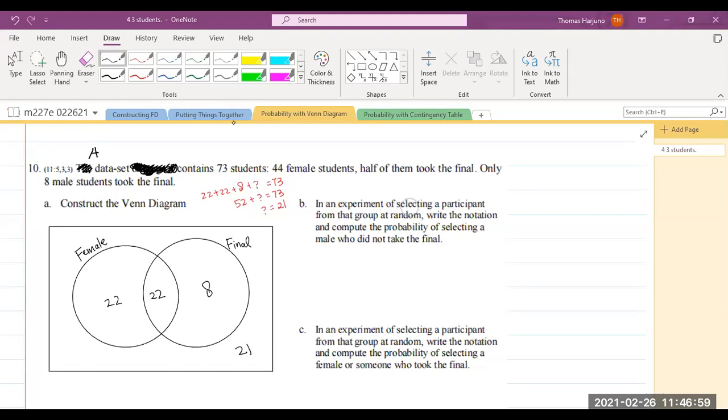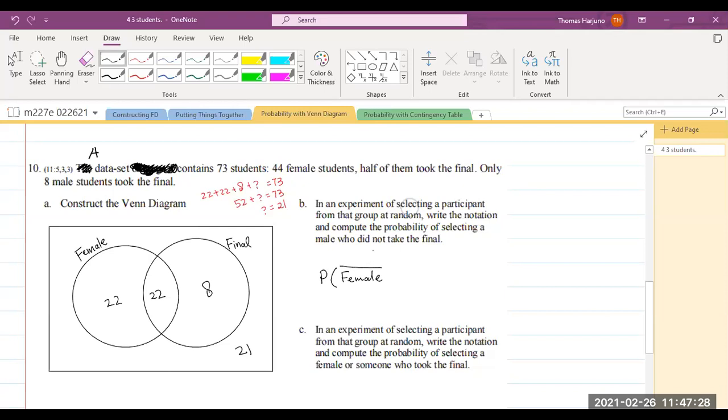Now then, in part A, in an experiment of selecting a participant from that group at random, write the notation and compute the probability of selecting a male. So probability of not female again. Now I use female instead of male because the Venn diagram we use there is female and male, therefore the one outside of female.